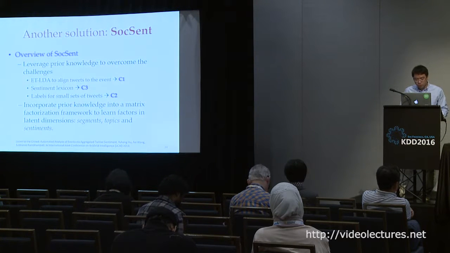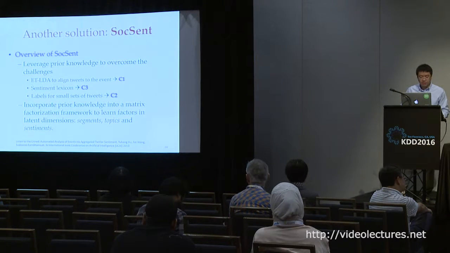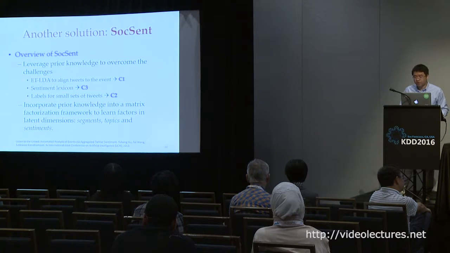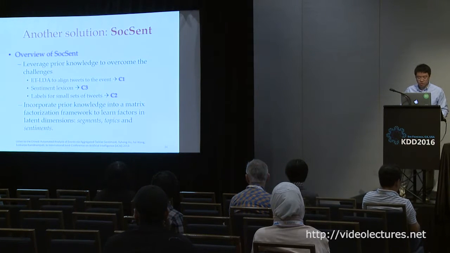So in order to overcome these limitations, we propose a very flexible event sentiment analysis tool called SOCSENT. SOCSENT is essentially a matrix factorization framework which leverages prior knowledge to overcome these challenges.